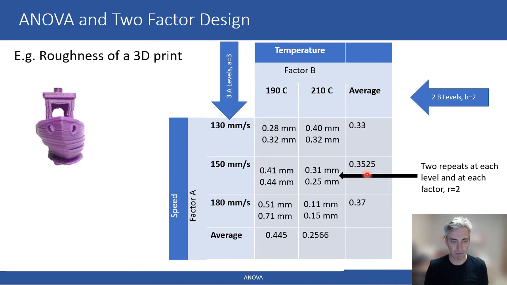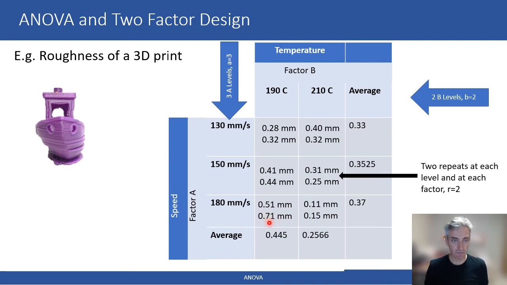This 0.325 is the mean effect at 150 millimeters a second, and then the same for 180 millimeters a second is 0.37. So you can see by looking at these numbers that you might think that as I increase the speed, the roughness is getting higher, or this number is getting larger.